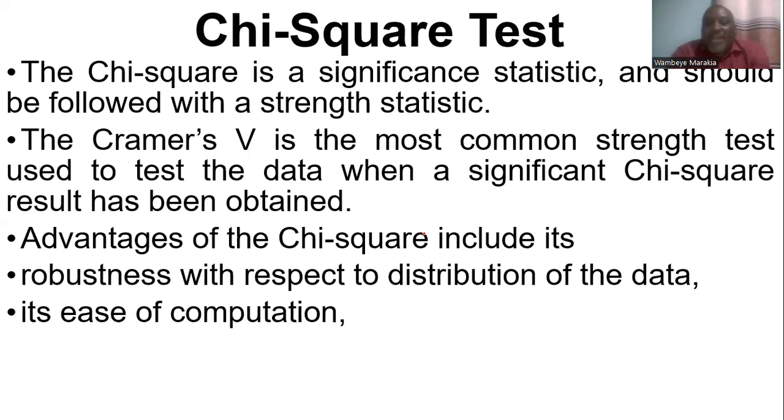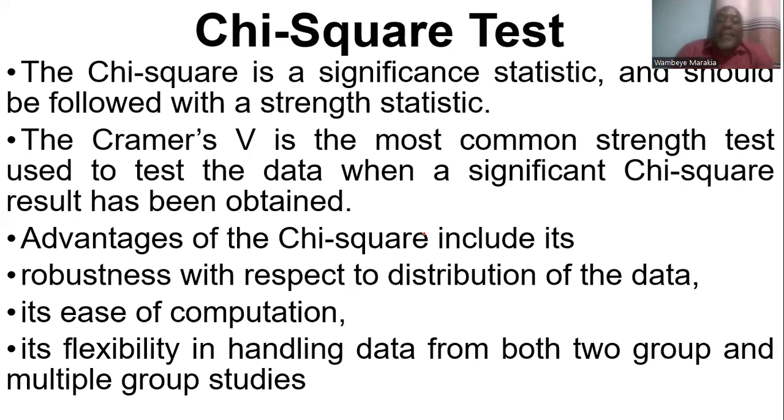When you are doing it manually, you can compute it fairly fast. And third, its flexibility in handling data from both two groups and multiple groups. For these three reasons, it is good to use the chi-square statistic.